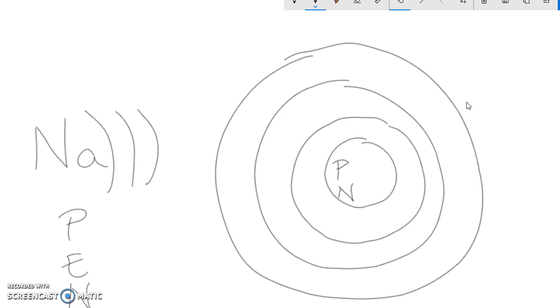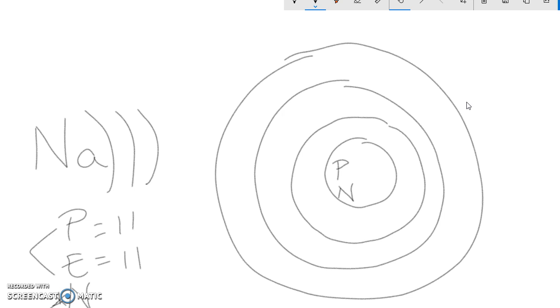Okay, and if you can always remember PIN, that tells you how many protons, electrons, and neutrons you would have. The top 2 are always the same as the atomic number. And if you look at the atomic number for sodium, it's 11, and the atomic number for sodium would also be the number of electrons you have, which is 11. This bottom one is the one that you subtract on.